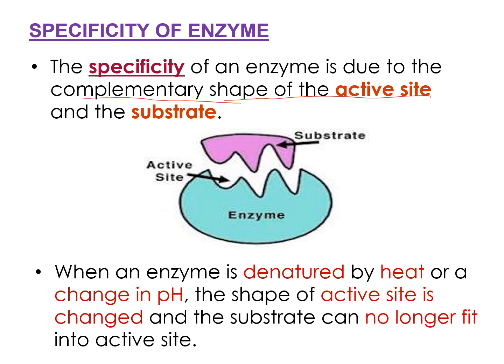So only a substrate that can fit to the active site's shape will be able to bind to the active site. When an enzyme is denatured by heat or a change in pH, the active site will change its shape. So the substrate cannot fit into the active site anymore. Okay.